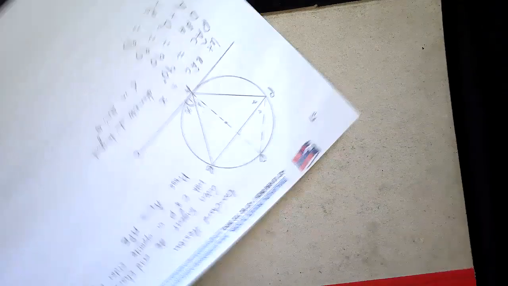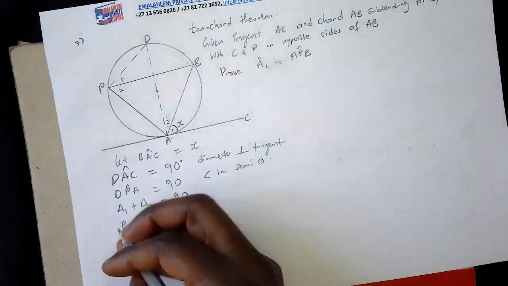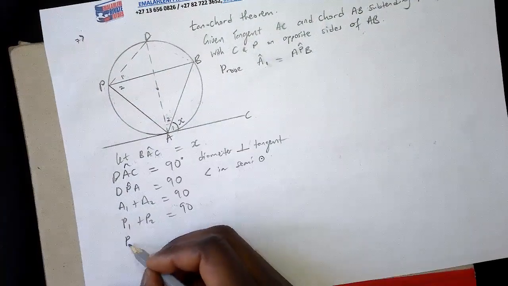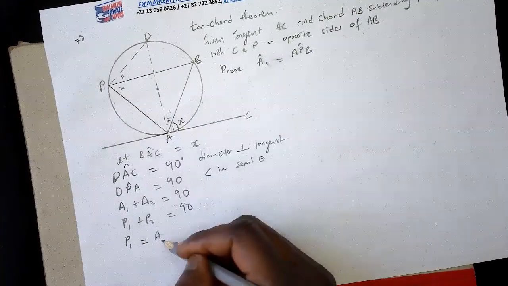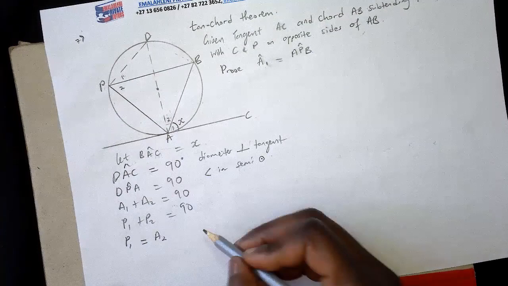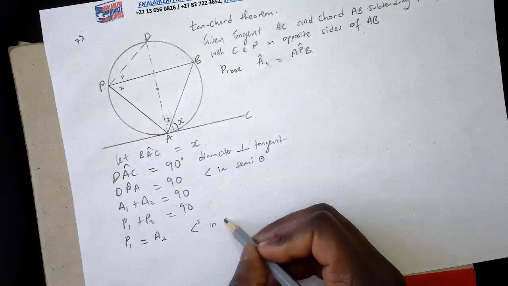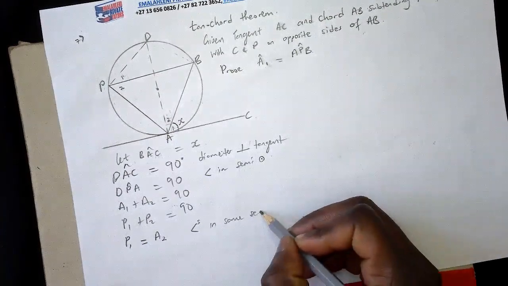So we say P1 is equal to A2. Why is it like that? Angles in the same segment.